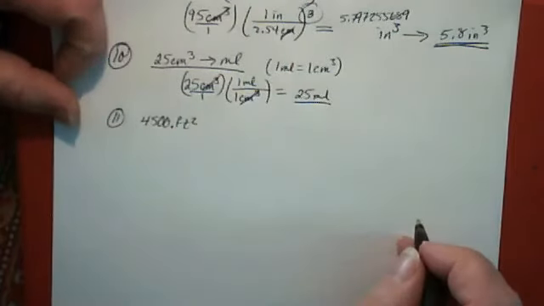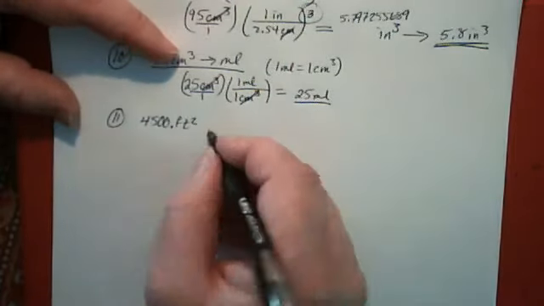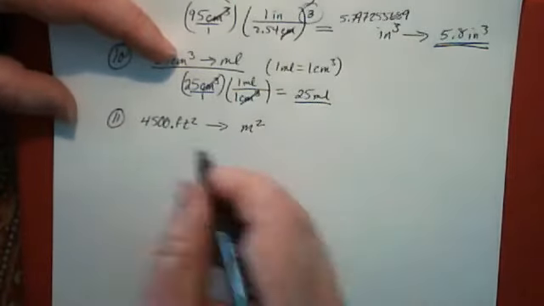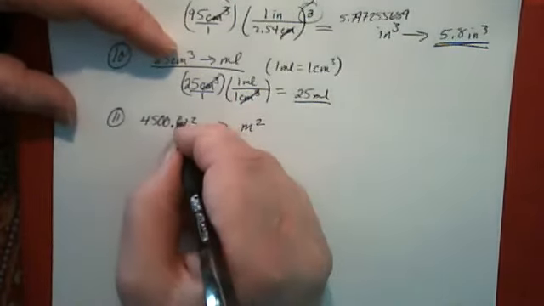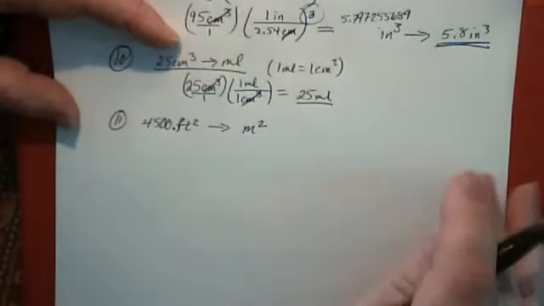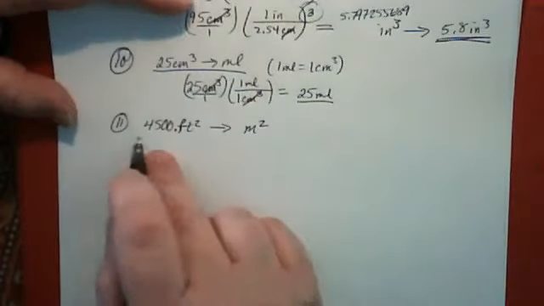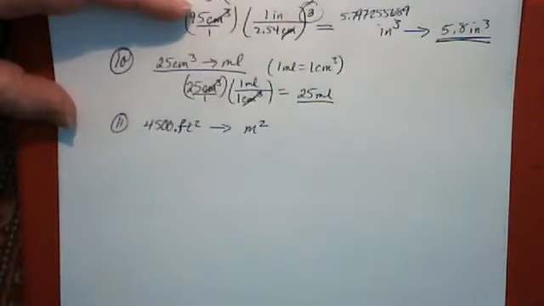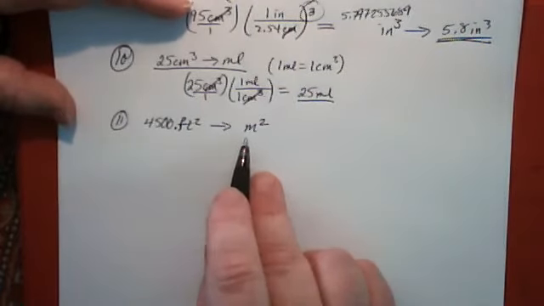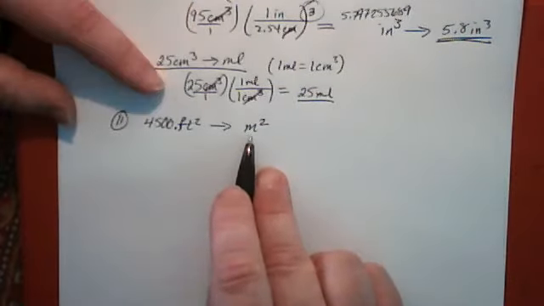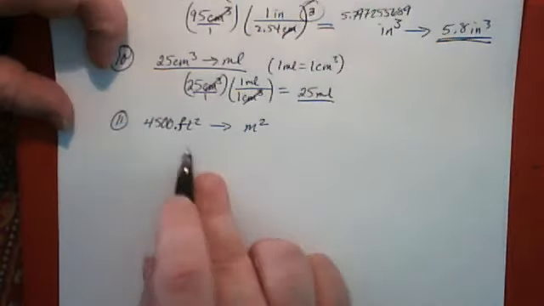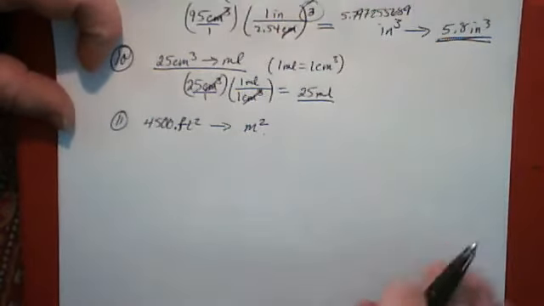So I'm going to take, say, 4,500 square feet, the size of a pretty good sized house, and convert that to square meters. Hypothetically, suppose you got a house that size and you want to buy some really groovy shag carpet for it. But the best deal on carpet is at a Canadian carpet store, and they only sell in square meters. So you have to find out how many square meters you need.